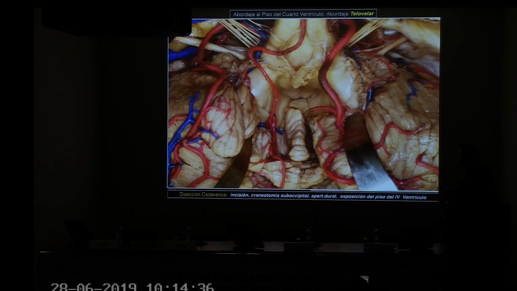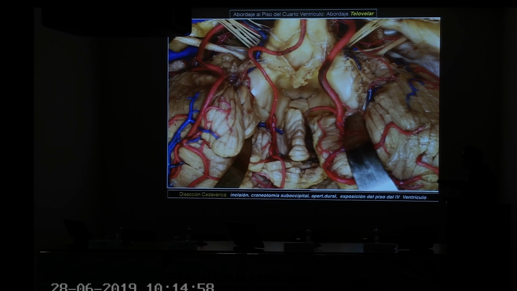The anatomy is very interesting because it can show me many structures to understand the approaches. This is the superior velum medullare, superior cerebellar peduncle, middle line. Here, you see, this prominence is the facial colliculus. You see this is the depression.